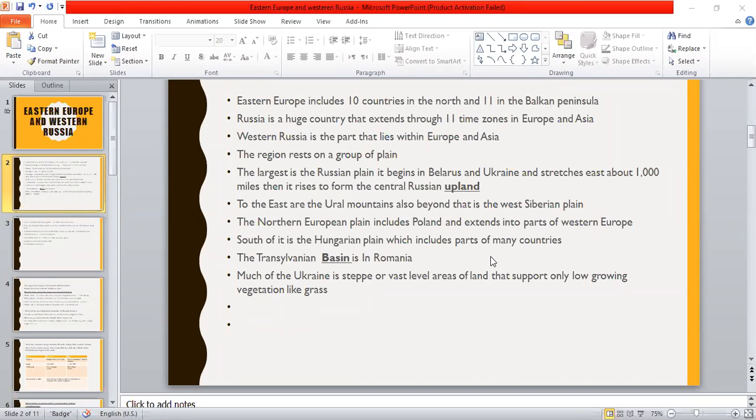So we have two types of climate. We have the humid continental climate, which has warm summers and long cold winters in places such as Siberia and Bulgaria. But we also have places where summers are hotter and winters are similar to those farther north. Also in Albania and Macedonia, we have more of a Mediterranean climate.